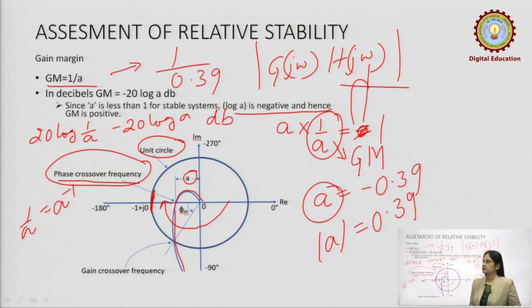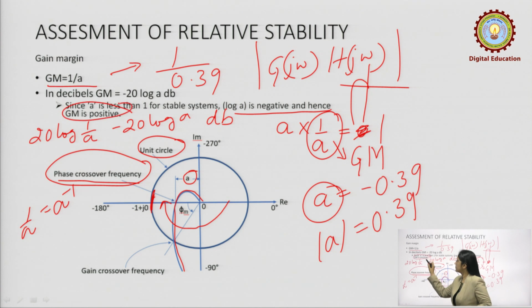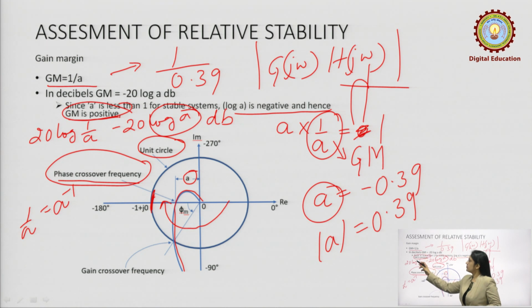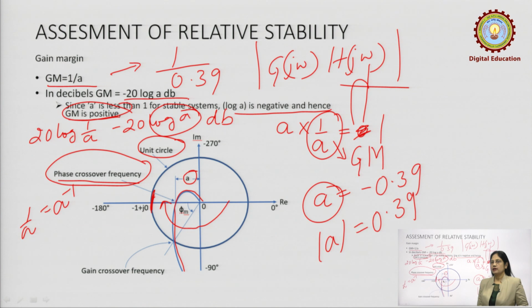Hence the gain margin will be positive, because the minus sign and the negative value of log A cancel out. Gain margin is positive for all stable systems. So gain margin can be written as 1/A, and in decibels it is minus 20 log A dB.